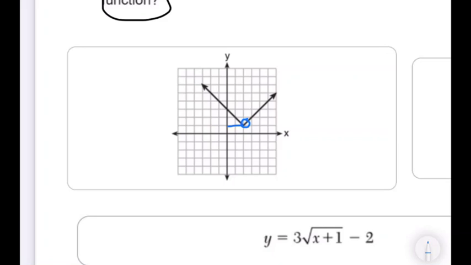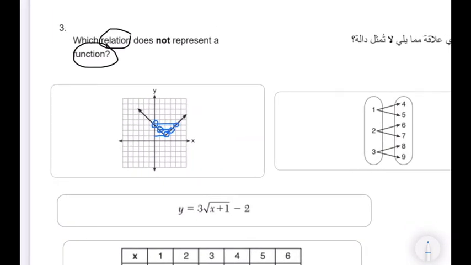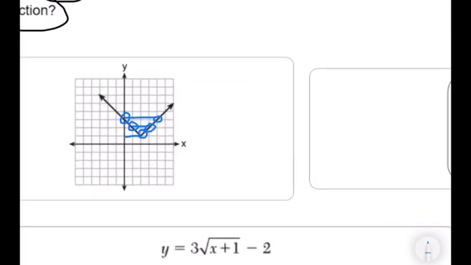Then 3 also corresponds to only one y value. And x value 4 corresponds to only 1 here. So this is a function because each x input corresponds to exactly one y value.